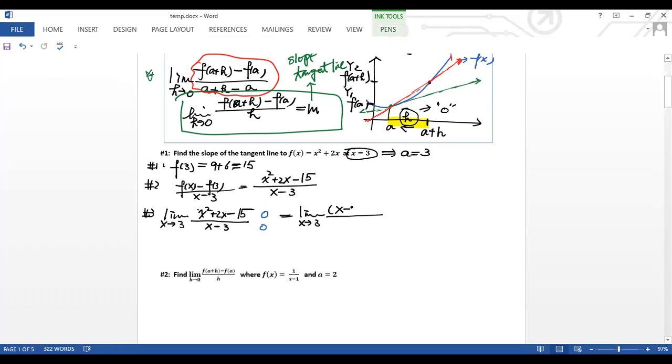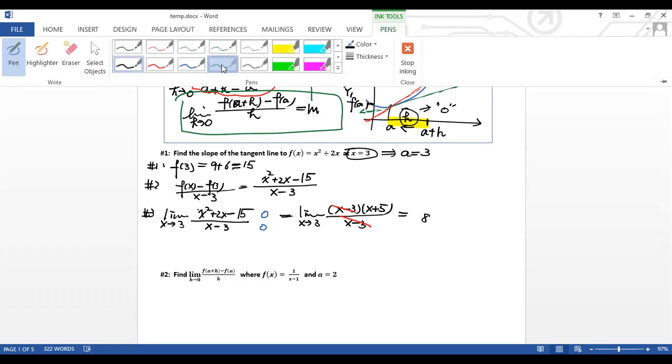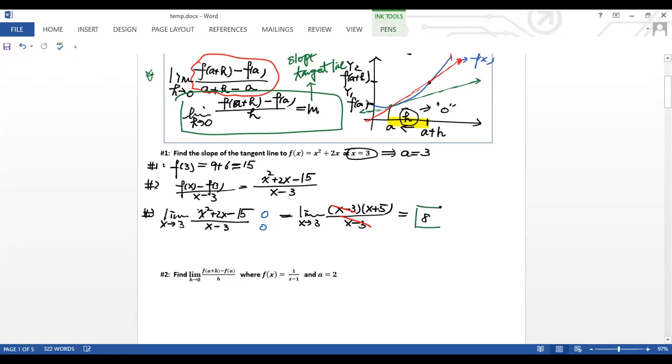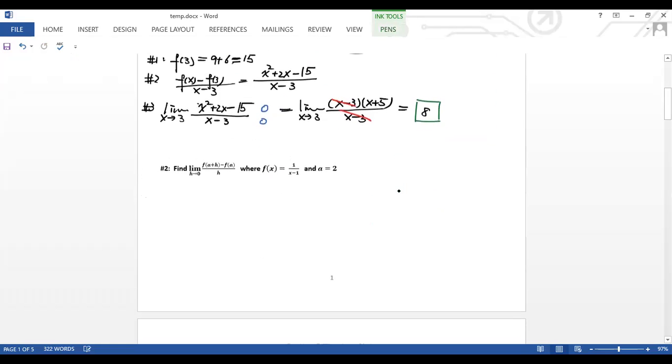This one will give me x minus 3, x plus 5, over x minus 3. Oh, good news, right? So x minus 3 cancels out, and what is left is 8. So I can conclude that the slope of the tangent line when it touches at x equal to 3 is 8.